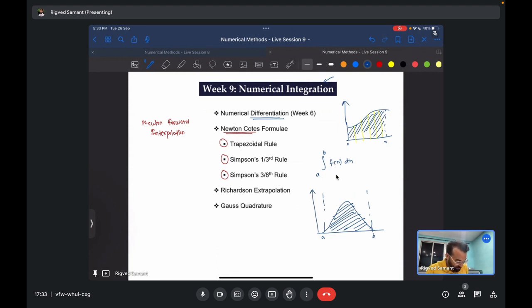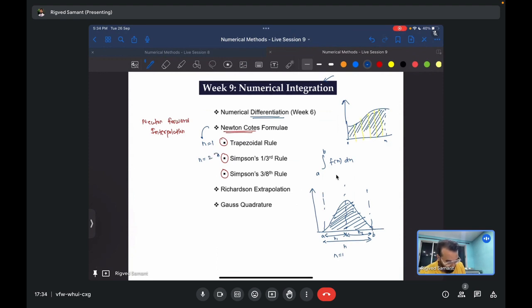This is just one interval of h. If n is equal to 1, you get the trapezoidal rule from Newton-Cotes formula. If you use two intervals, h1 and h2, then for n is equal to 2, you get Simpson's 1/3 formula.